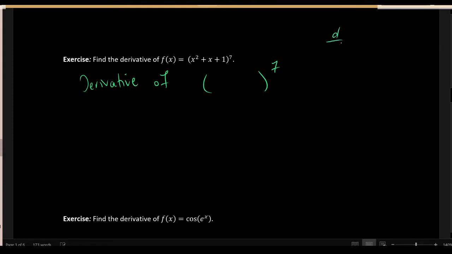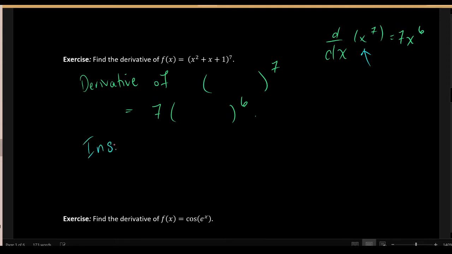I'm going to go back in my mind and say, well, the derivative of x to the 7th power was 7x to the 6th power. So the derivative of thing to the 7th power is equal to 7 times that thing to the 6th power. Not x to the 7th power, but blank to the 7th power. Not 7x to the 6th power, but 7 blank to the 6th power.